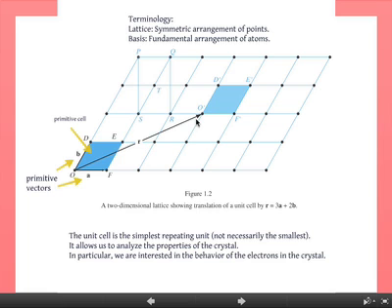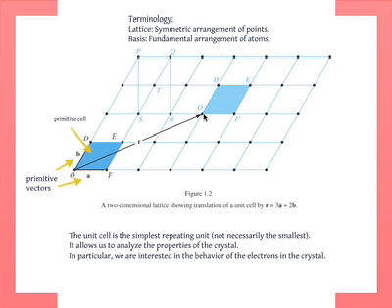If you translate the unit cell by an integer multiple of A and B in their respective axes, you form another unit cell. Okay? So try to visualize that, because we'll get to a much more complicated geometry very soon. So this is a two-dimensional geometry. It should be relatively easy to visualize. Right? Okay.